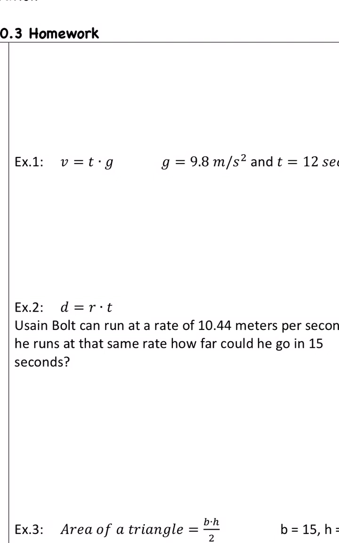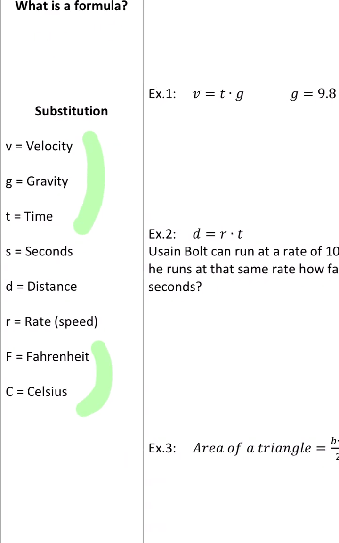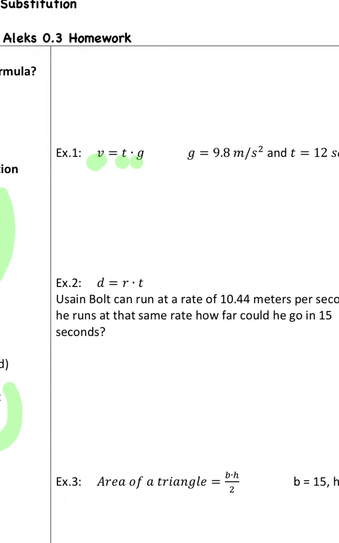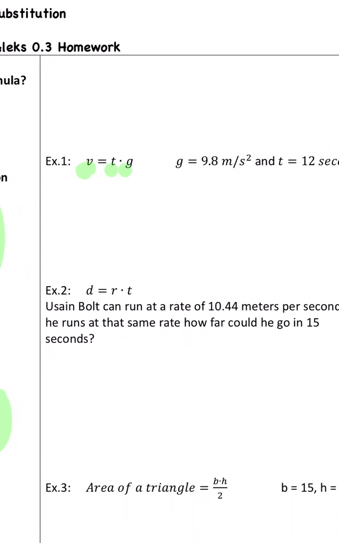So this is velocity. We look over here, we have the variables. Velocity equals time times gravity, the force of gravity. The force of gravity is 9.8 meters per second squared. Then time equals 12 seconds. In other words, if it's flying for 12 seconds, how much velocity is it going?